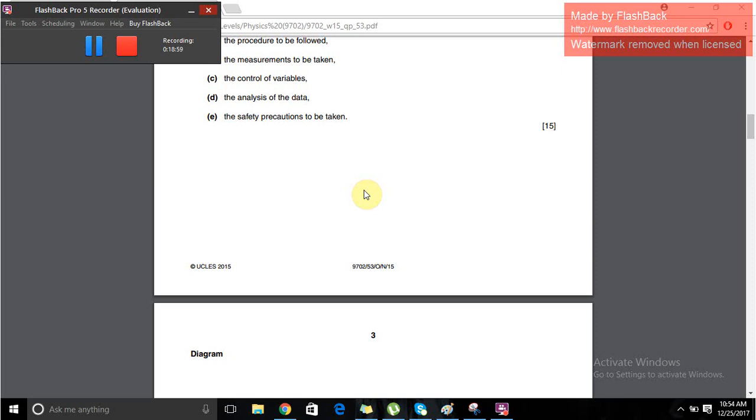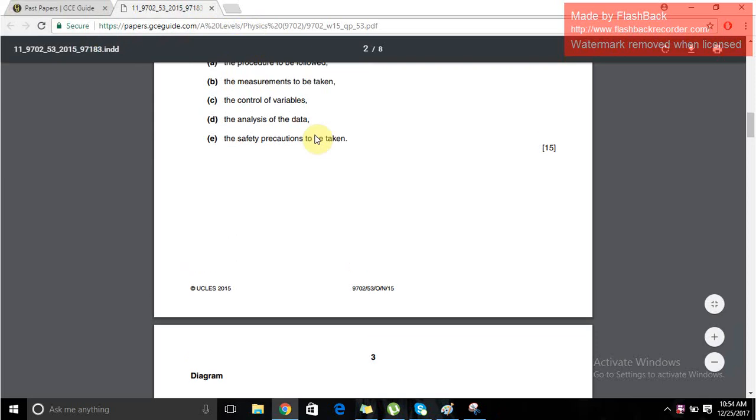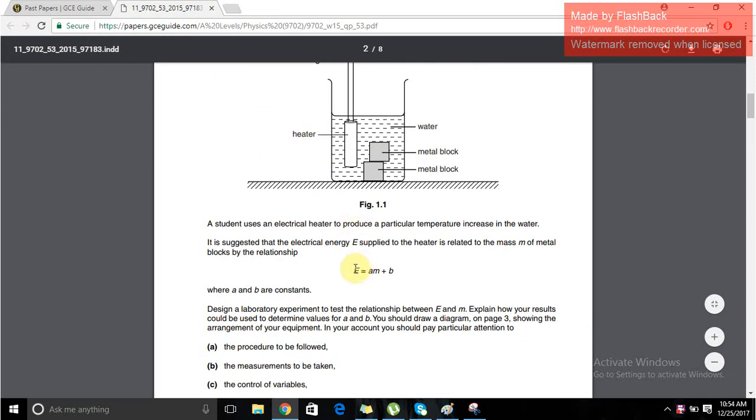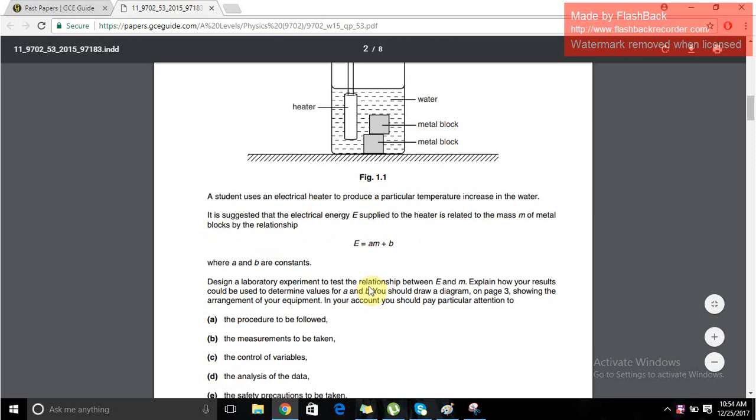You basically know that E is the y and m is the x, and therefore A would be the gradient and B would be the y-intercept, because this is a reflection of the straight line equation y = mx + c, and B is the y-intercept and A is the gradient.